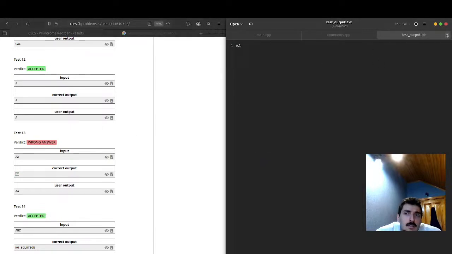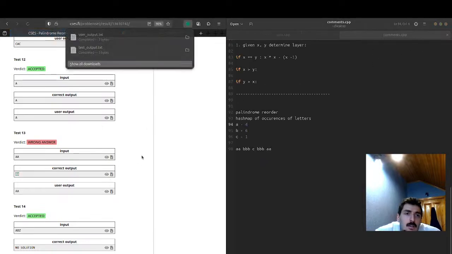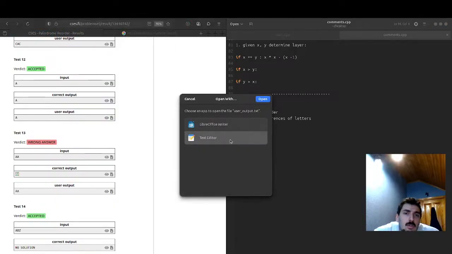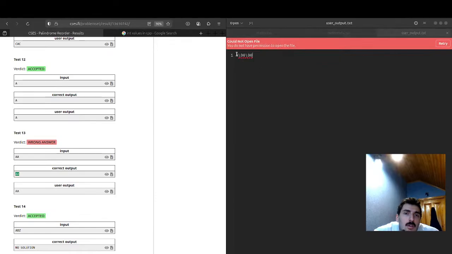This is A and A. And this is 3 bytes also, user output. Oh. A. What the hell?